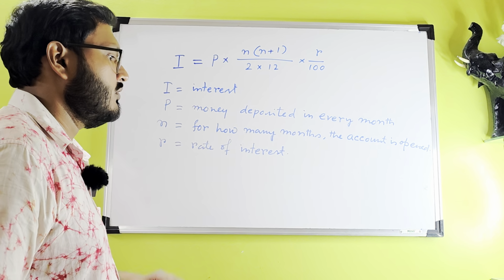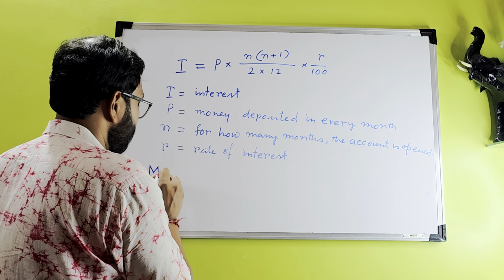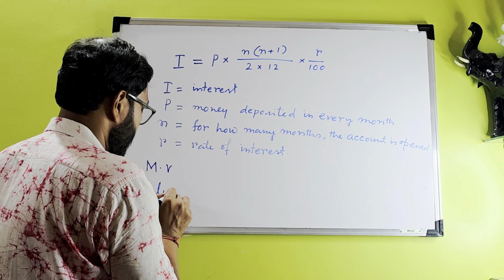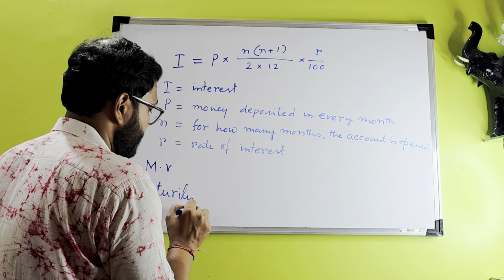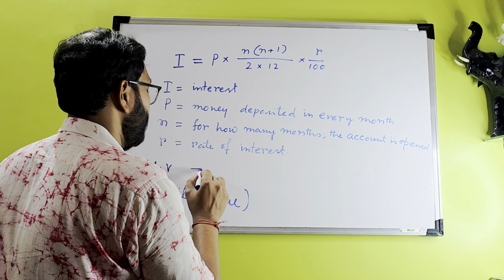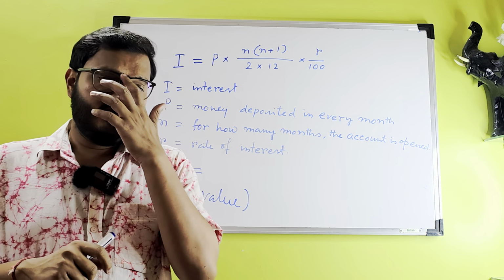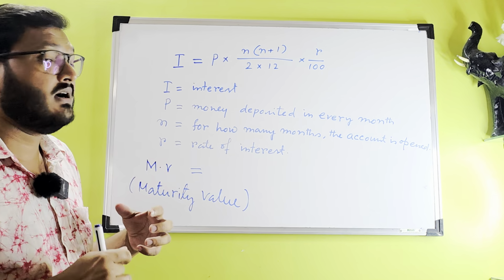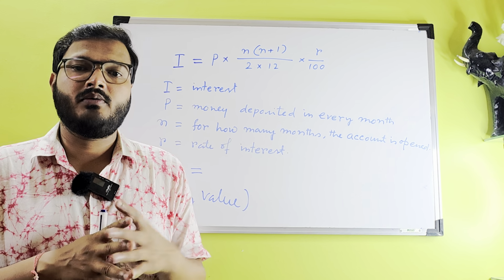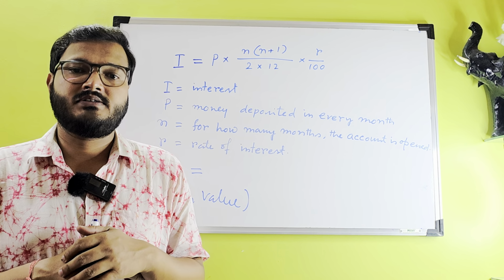rate of interest. One more thing here is called maturity value, MV. What is maturity value? Suppose you keep 100 rupees for 1 year, that is 12 months, and the bank gives you 5% interest.